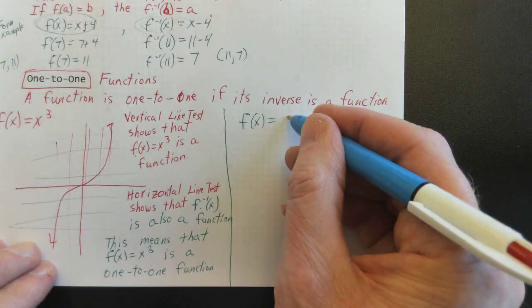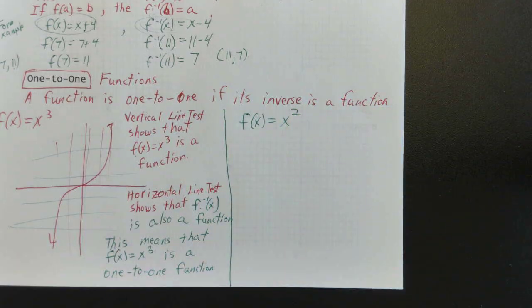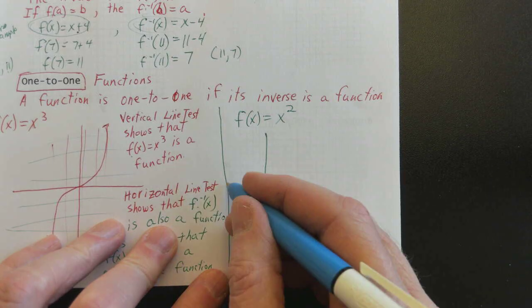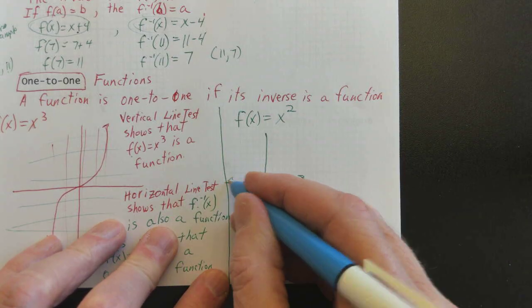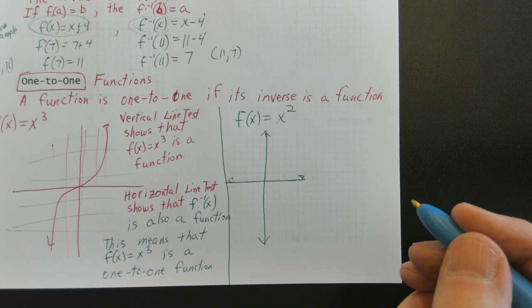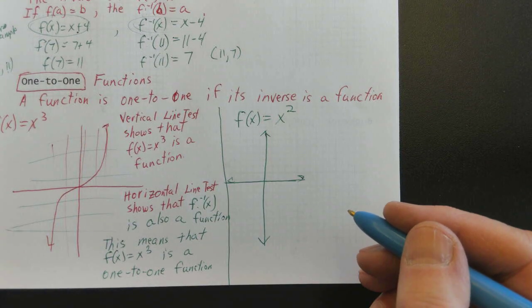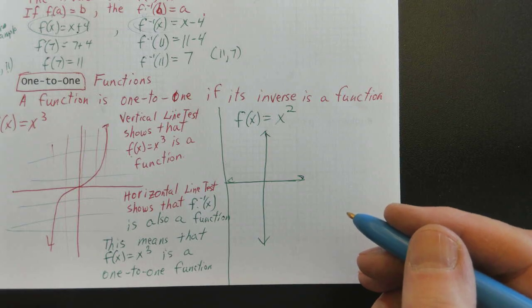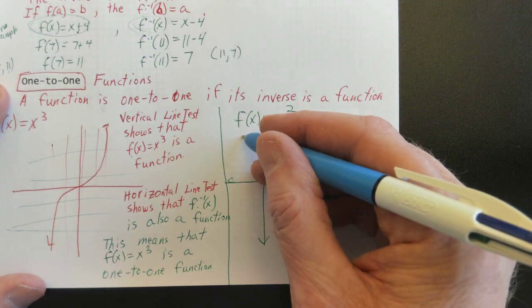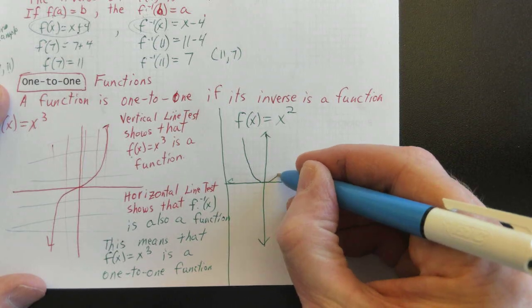Let's look at f of x equals x squared. Remember what the graph of that looks like? The parent function for quadratics, what does that look like? Remember? A parabola.